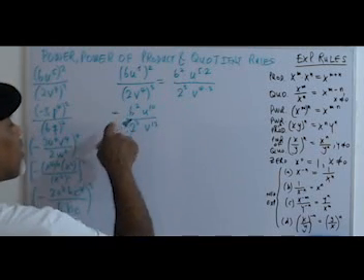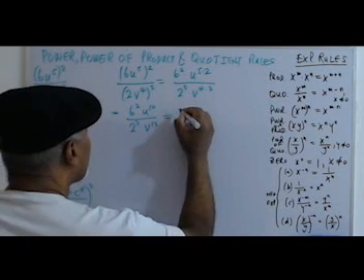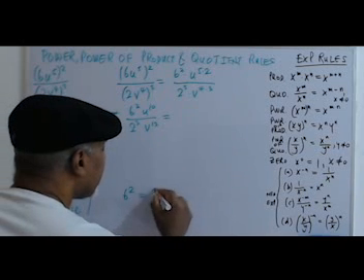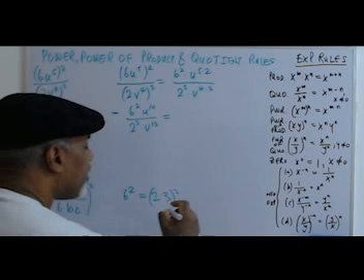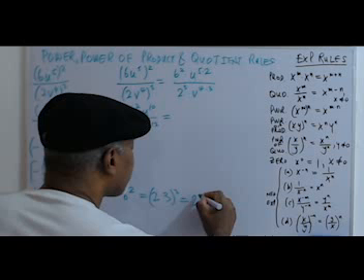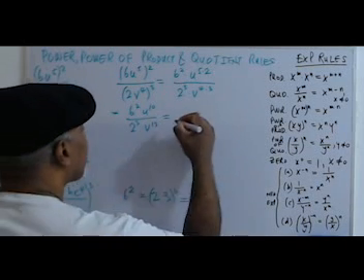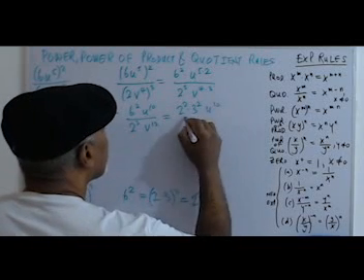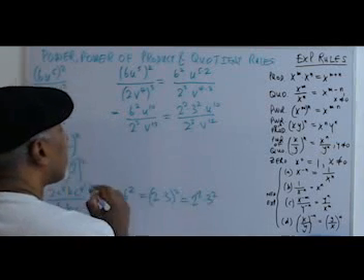Now, we can simplify the numerical parts of this by rewriting 6 squared as (2 times 3) squared, which I think we did yesterday. Using the power of a product rule, this is 2 squared times 3 squared. And so we have 2 squared times 3 squared u to the 10th over 2 cubed v to the 12th.